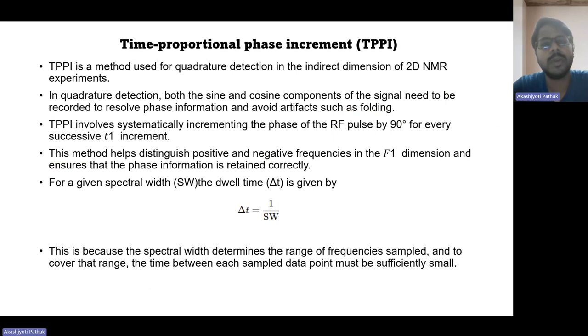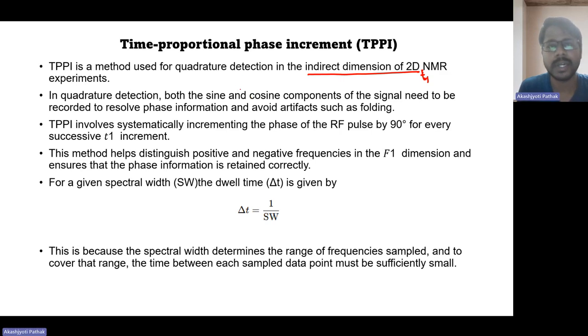Okay, now coming to the time proportional phase increment. It is a method used for quadrature detection in the indirect dimension of 2D NMR experiments. What does this mean? It means in the T1 time period, or the evolution time period.